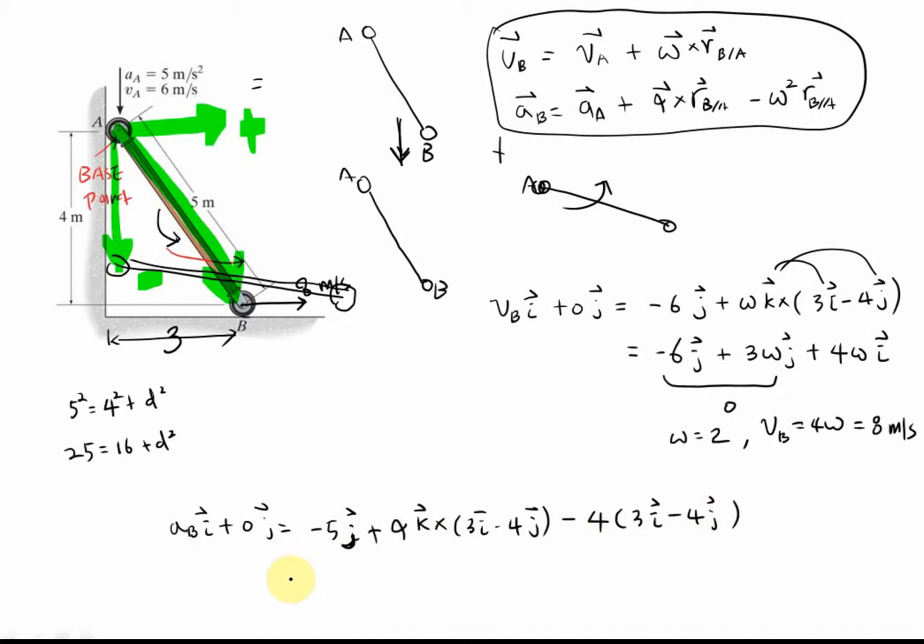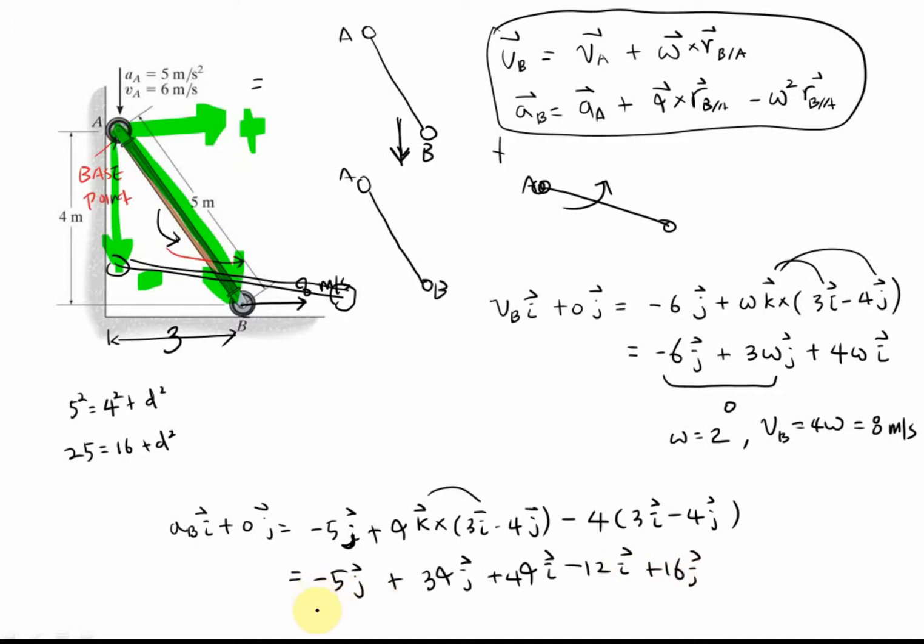So if you just compute that, this is 5J, and K cross I is J, and K cross J is negative I, and 12I and 16J.